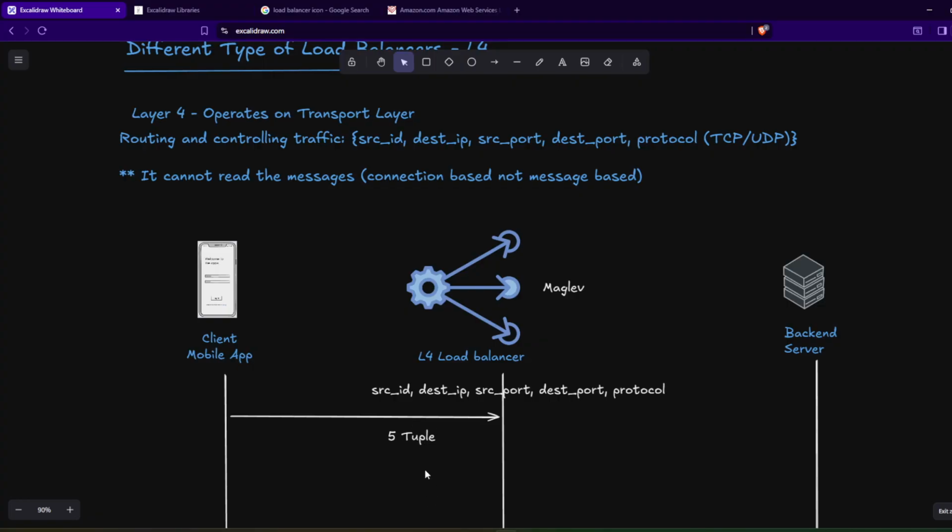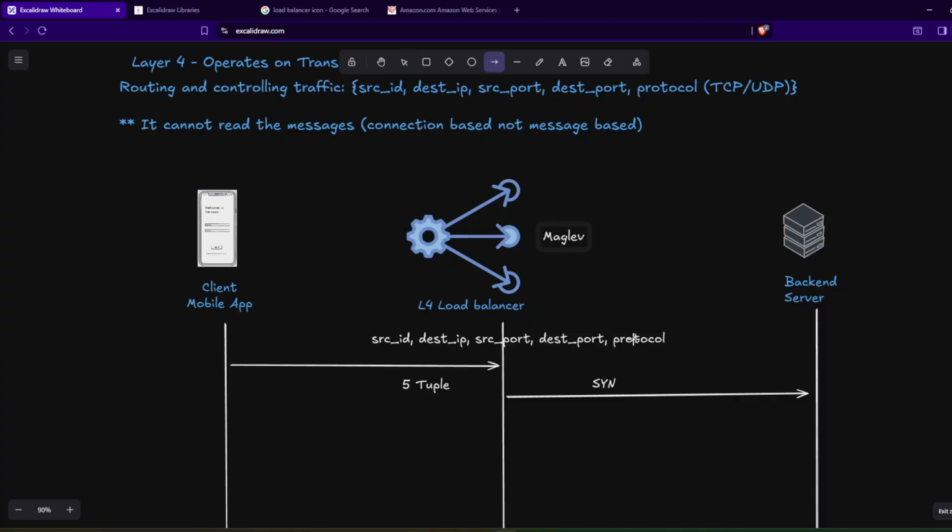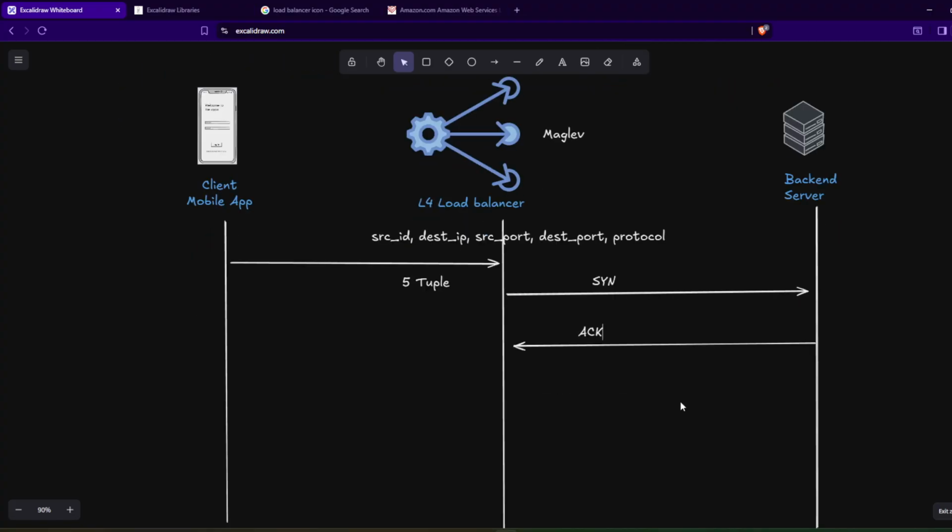This five tuple stays persistent around the connection, and why it is necessary we will come to know in some time. After this request comes to L4, it sends the SYN. If it looks a little foreign to you, this is exactly what happens during TCP. Then it sends back the acknowledgement. Just bear with me, the next part will make complete sense even if you don't understand the TLS.